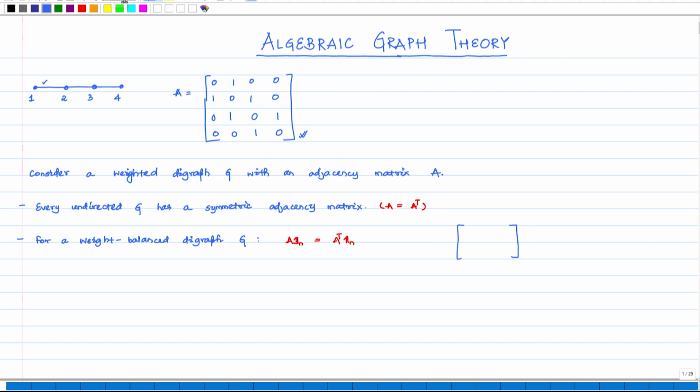If we focus on any ith row, and the ith column as well, then the sum of edge weights along the column is equal to the sum of edge weights along the row, meaning the sum of weights of the incoming edges to the node is the same as the sum of the outgoing edges from the node. So, this is what a weight balanced digraph means.